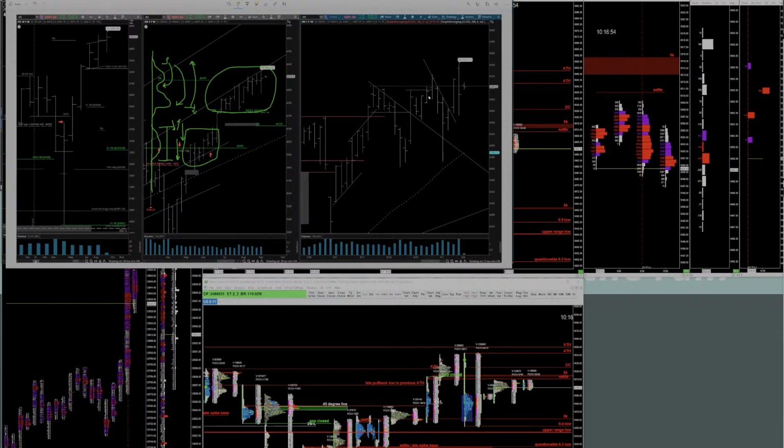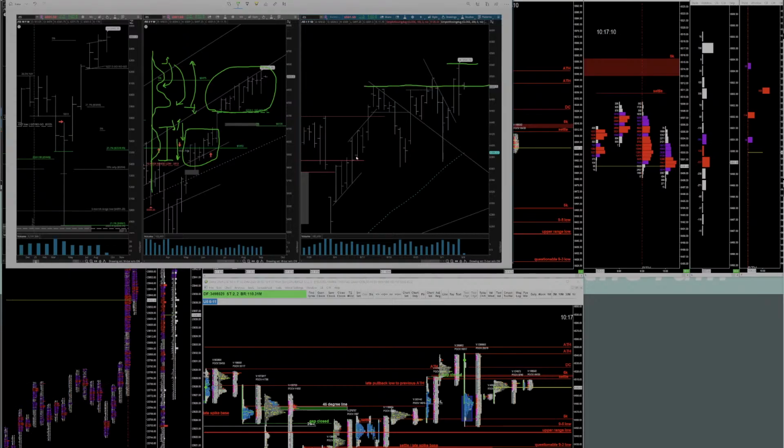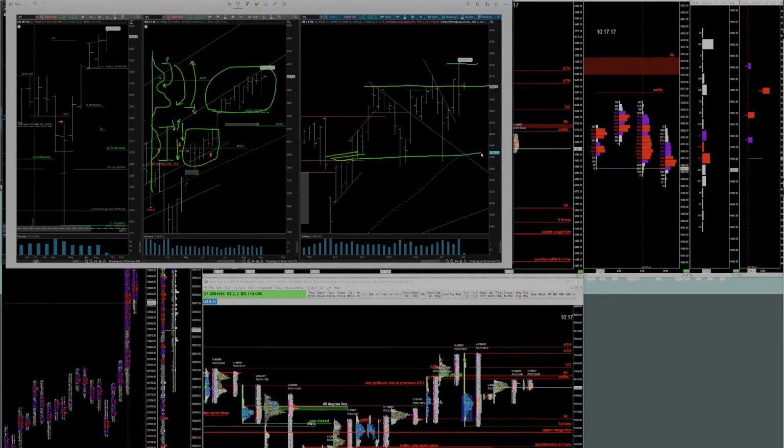Now, the daily has multiple things here. This is one of the levels that I'm monitoring. This was a previous all-time high. Now we have a new all-time high. Notice this range here at the bottom.